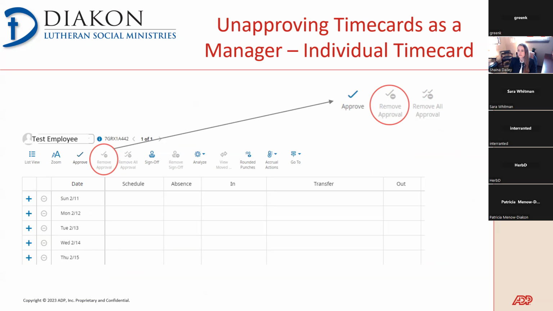On here, it's grayed out. It will not be grayed out for you, but much like the level of security we have in UKG, this was a test employee, so employees cannot remove your approval. Obviously, that's a feature we wanted to keep. But you as a supervisor, if you approve them and then realize, oh my goodness, I need to change this from hours worked to PTO, you can remove your approval and make the edits as you need. That'll be doable up until we close the cards at 12 noon on our Mondays.